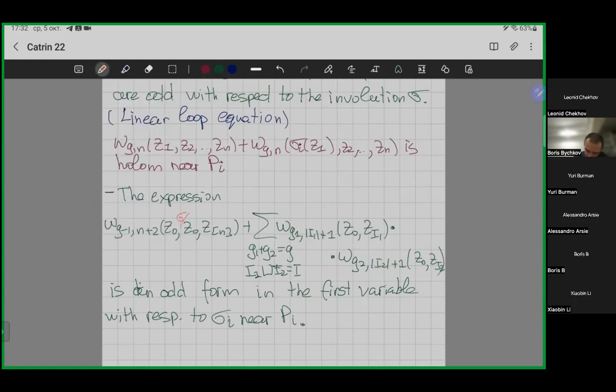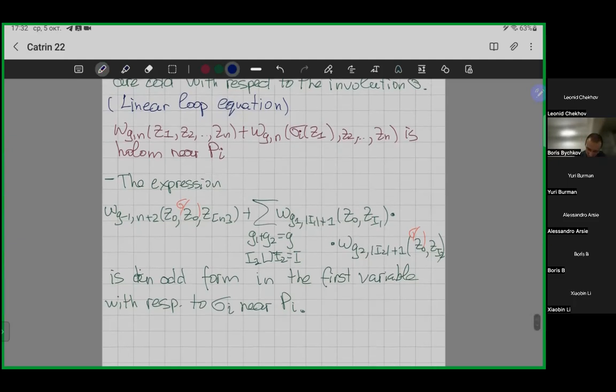You could add sigmas here and here, and say that this expression is holomorphic in the variable z0, the first variable near pi. This is called the quadratic loop equation.